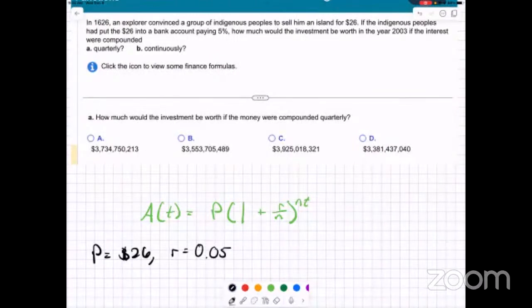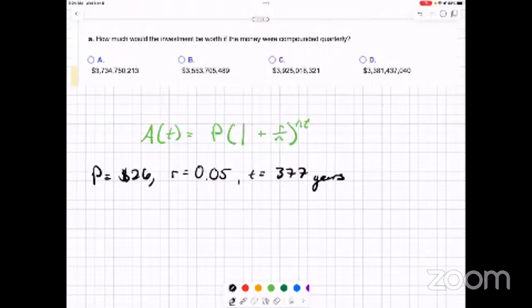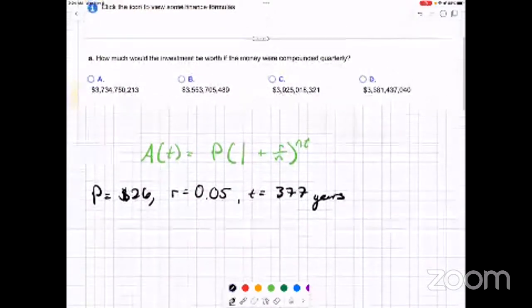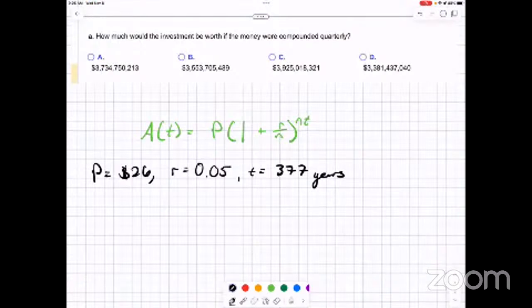And then part A, we have quarterly and continuously. Okay, so if we're going to do continuous in part B, that means we're going to use PERT, P e to the rt. And so then for A, our compounding, if it was quarterly, that means our n is 4.